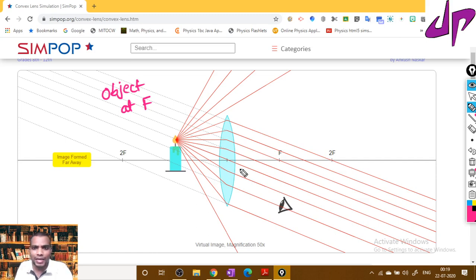Here we cannot find the image anywhere, but we can understand that these light rays are parallel light rays passing through the lens, so they do not meet at all. So in this case we cannot find the image on the screen; the image is at infinity.